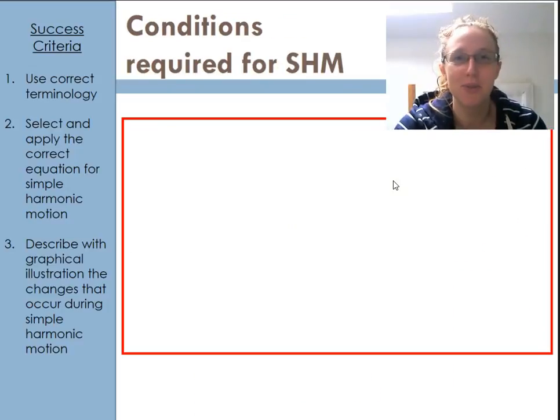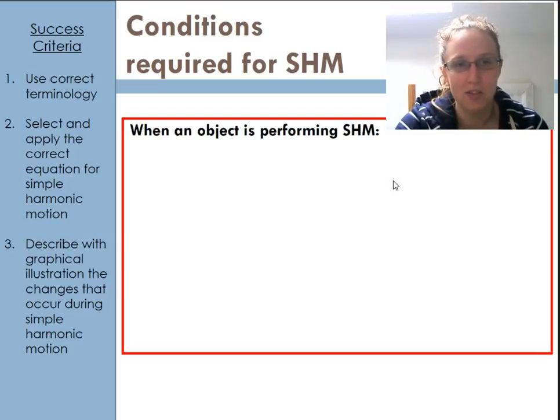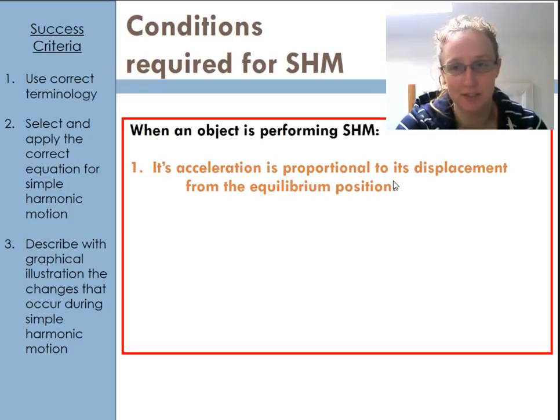Now, some more things that you are just going to have to learn and be able to regurgitate for those very easy marks in the exam. In this case, it's the conditions for SHM. If an object is performing simple harmonic motion, we can say the following things. Its acceleration is proportional to its displacement from the equilibrium position.